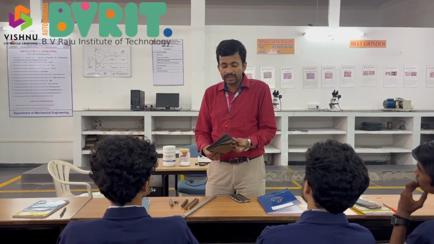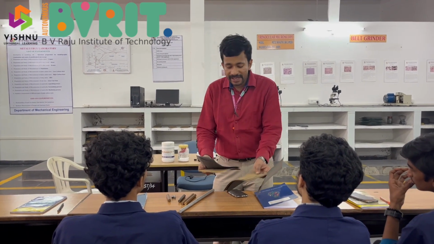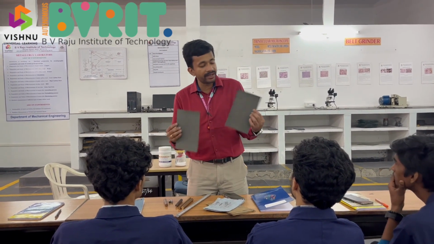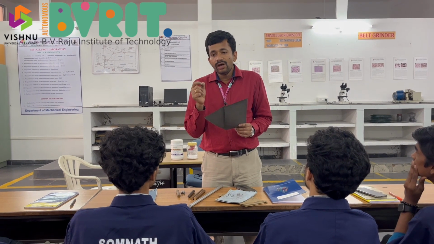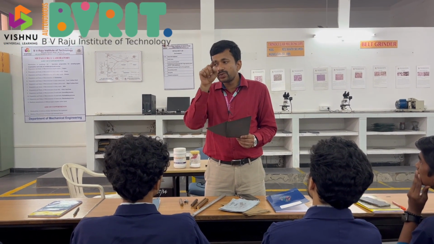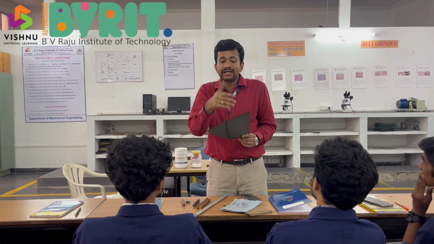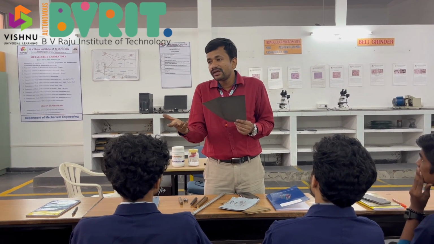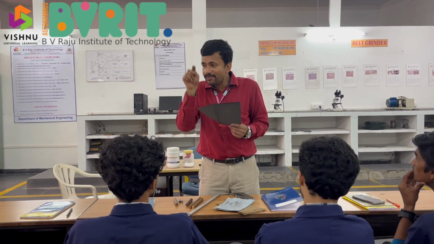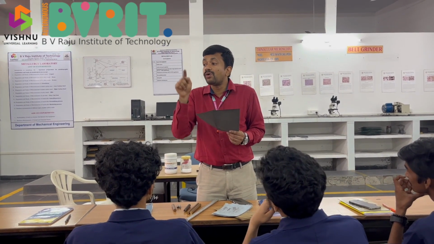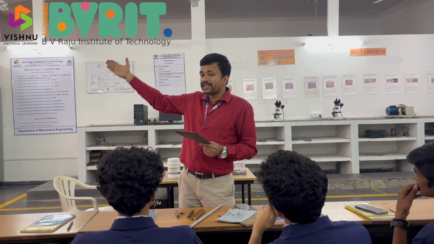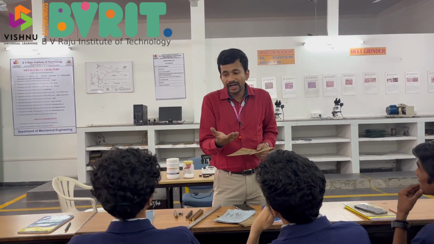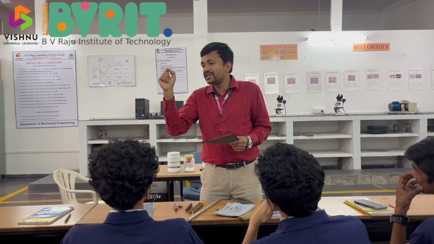Suppose I talk about 180 and then I show you 1200. The basic difference between 180 and 1200 paper is the granules. 180 means in a per square inch, 180 by 180 divisions, and the granules coming out of that, and in the same square inch, if you divide 1200 by 1200, it is like sieving. You know, for construction purposes we do sand sieving, right? They use differently sieved sand for different purposes.